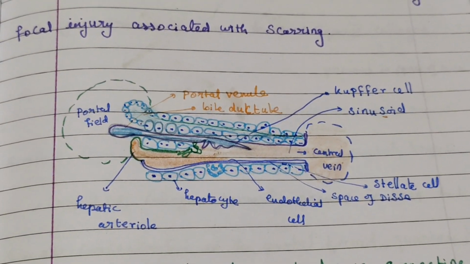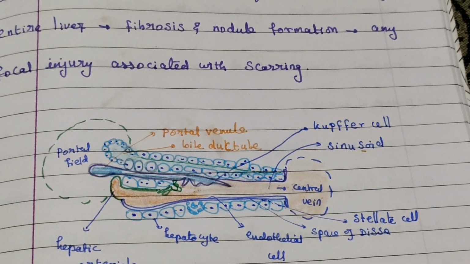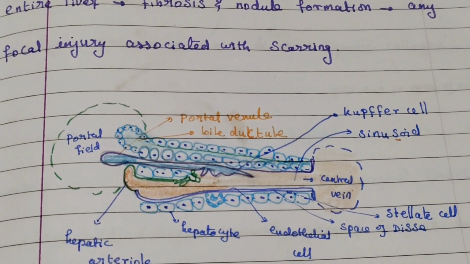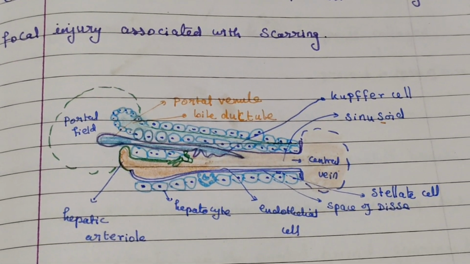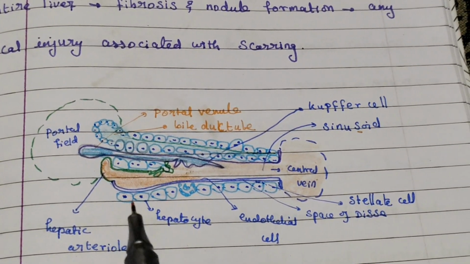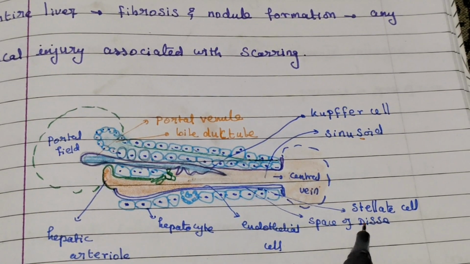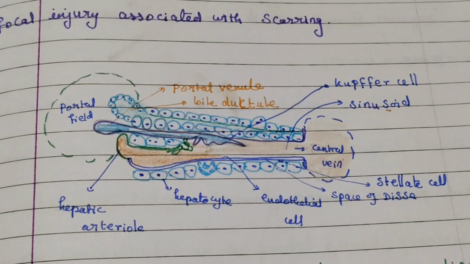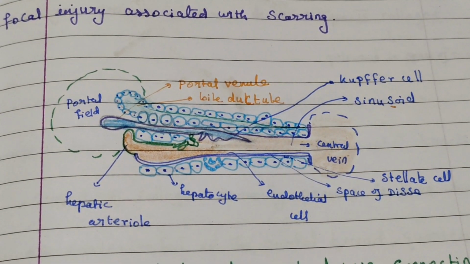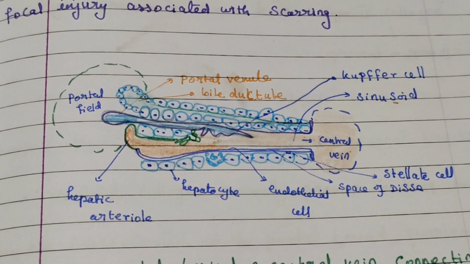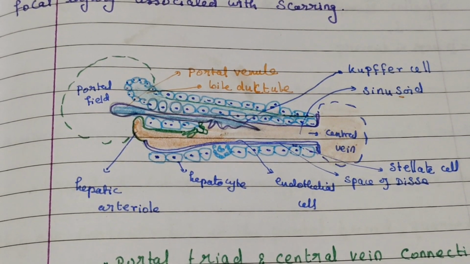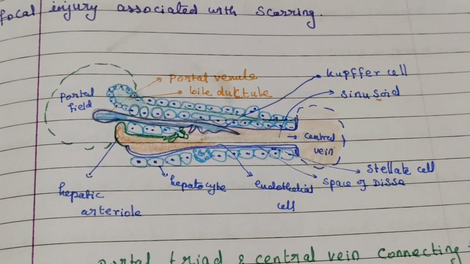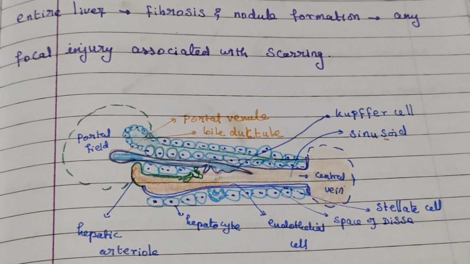Now, beyond these endothelial cells there are hepatocytes, and in between there is a space known as the space of Disse. This space of Disse is particularly important in cirrhosis because it contains a cell called the stellate cell.